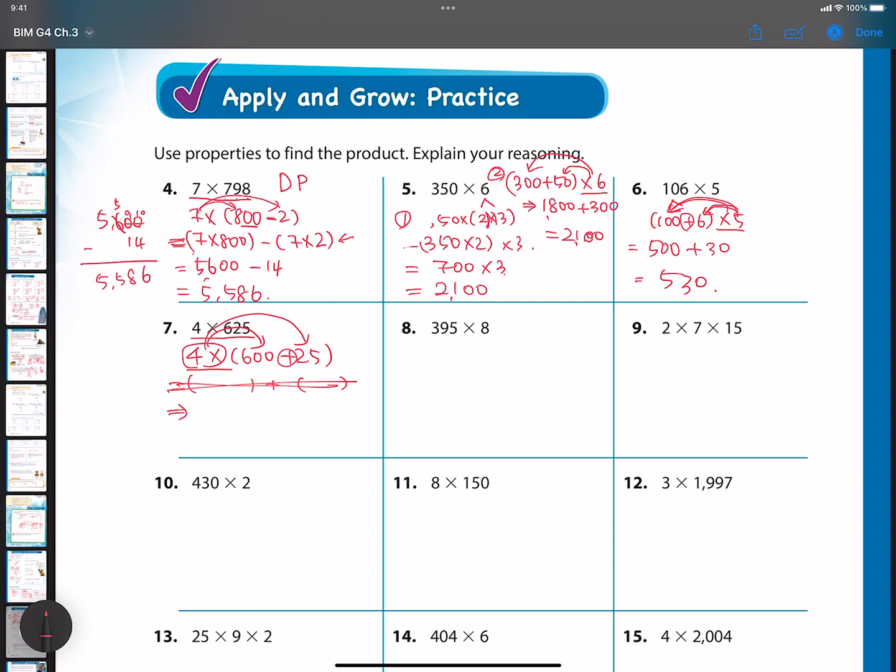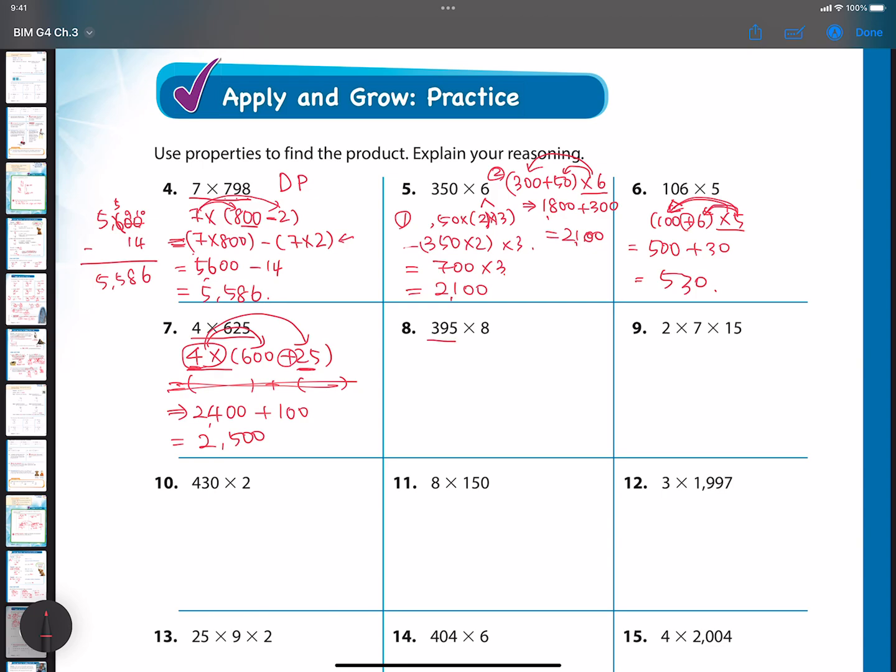Okay, so 4 times 6, 100, right? 2400, which is 2400, plus, oh, again, 4 quarters. 4 quarters, 100, which is what? 2500. Easy, right? Okay, let's move on.